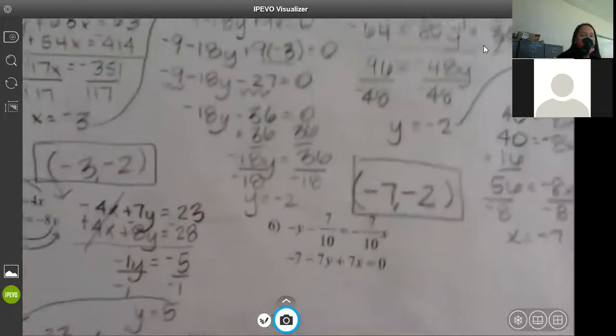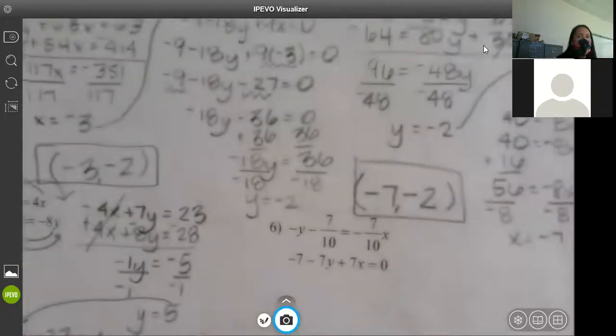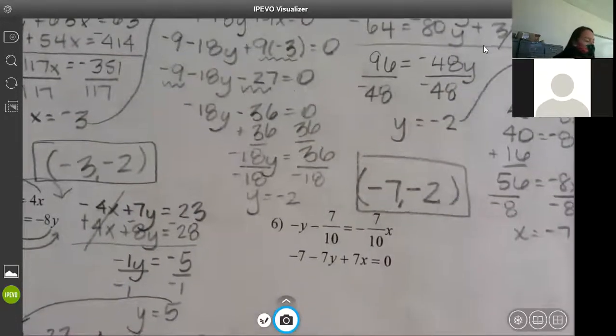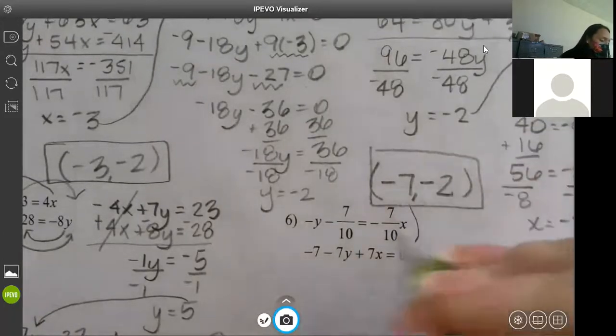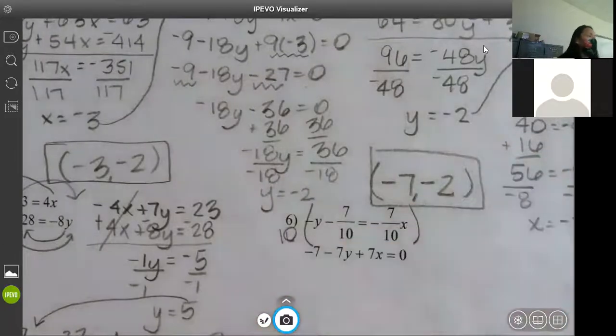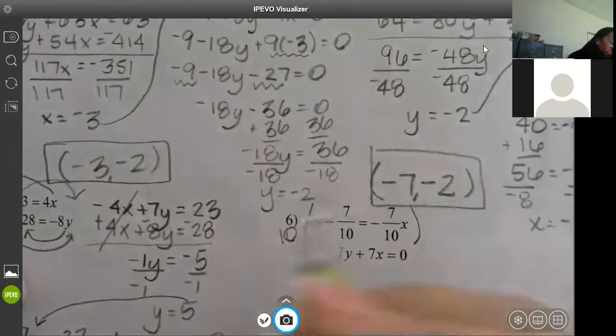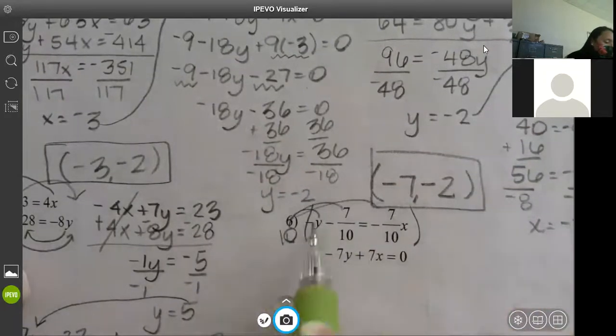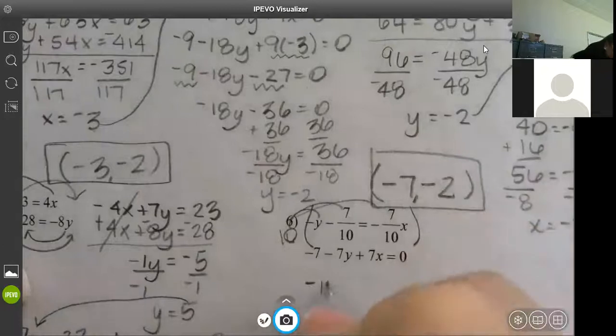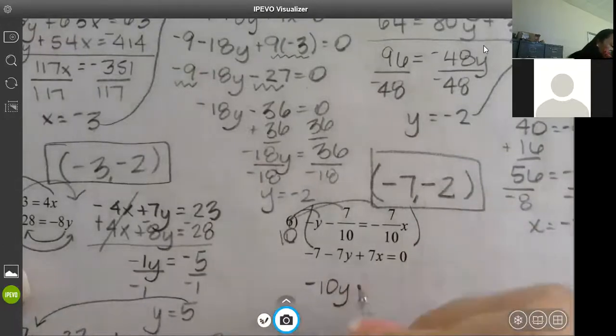All right, look at your next one. What's your denominator? 10. So that's what we're going to multiply. We're going to multiply by the 10. If it's different denominators, multiply by the biggest one. We're going to distribute. So 10 times negative y is negative 10y.